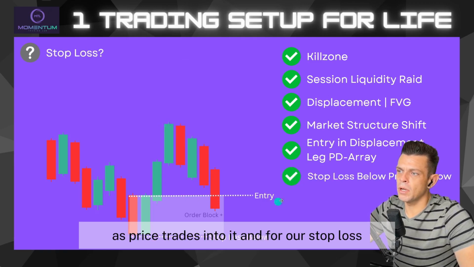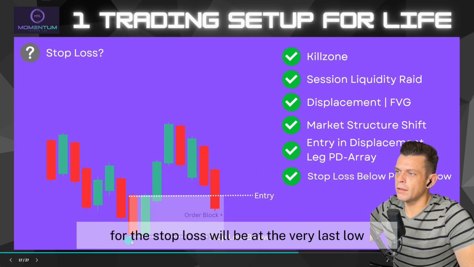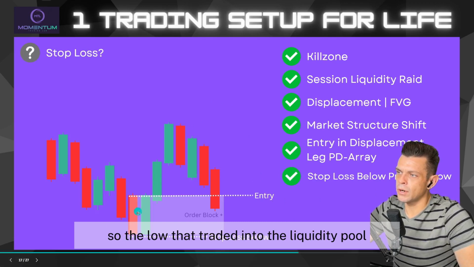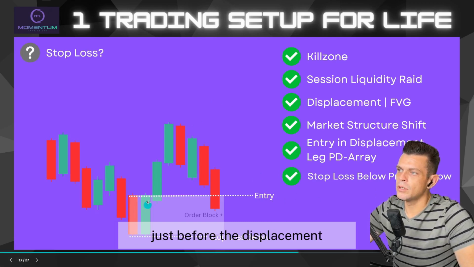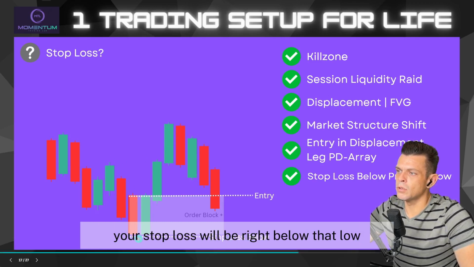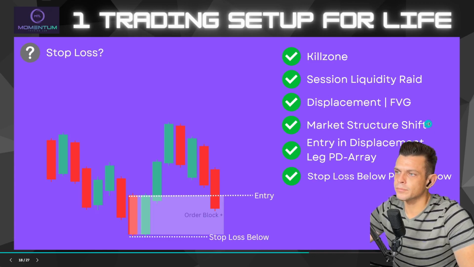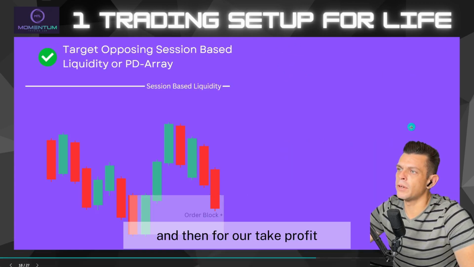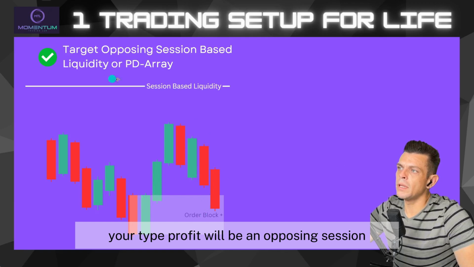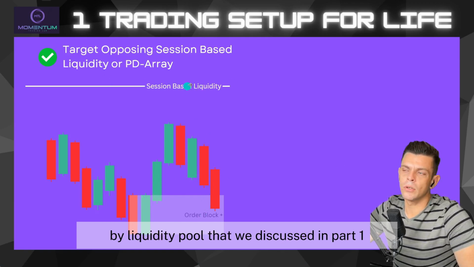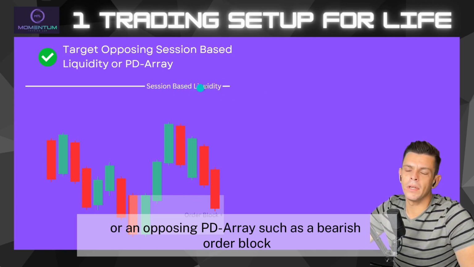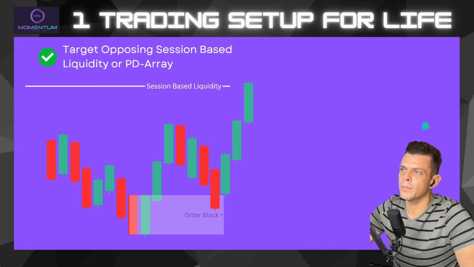And for our stop loss, the stop loss will be at the very last low, so the low that traded into the liquidity pool just before the displacement and the market structure shift. Your stop loss will be right below that low. And then for our take profit, your take profit will be an opposing session-based liquidity pool that we discussed in part 1, or an opposing PD array such as a bearish order block or bearish fair value gap.